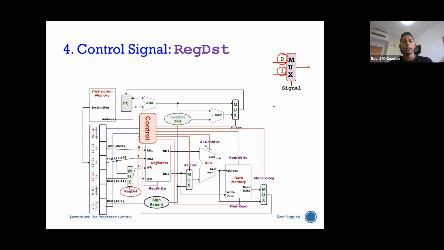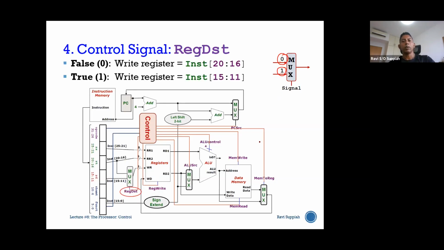When the signal here has a value of 0, whatever is on top will pass through. So what is on top here? The instruction bits 20 to 16.